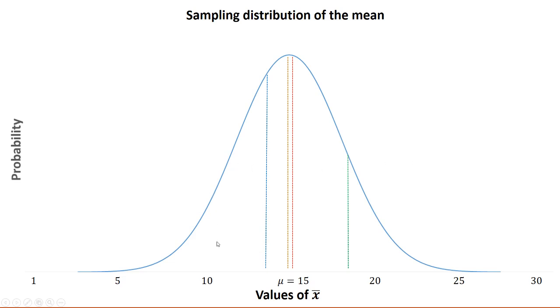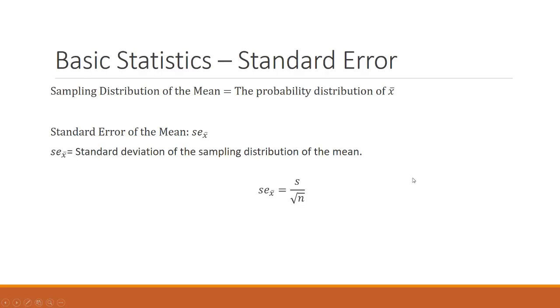Now, if the average of the sampling distribution of the mean is the population mean, we might be interested to know what the spread of the sampling distribution is. That means, how widely dispersed is it? For that, we will calculate what's called the standard error of the mean, SE of the sample mean.